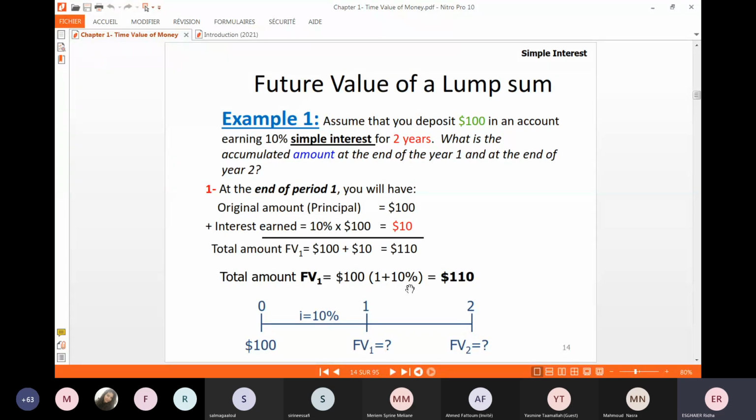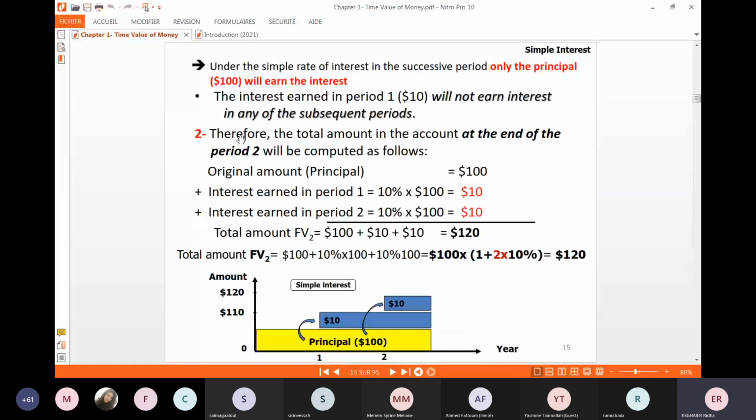Now, at the end of the second period, the second year, the interest is not computed on the basis of these 110, on the accumulated amount. No, here the interest is computed on the basis of the original amount only, because we are applying the simple interest technique. So during the second year, we will find in our account the original amount, 100, the interest earned during period 1, the first year, and the interest earned during period 2, which is calculated on the basis, as we said, of the original amount, 100.